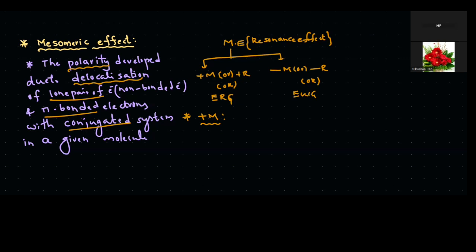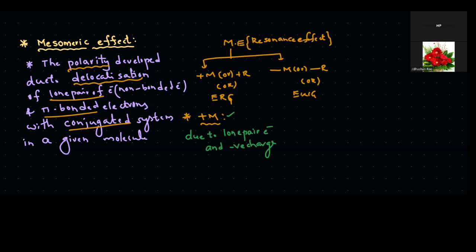Simply remember, the polarity developed is due to lone pair electrons and negative charge. If these two are involved in the reaction, those are called plus M groups.